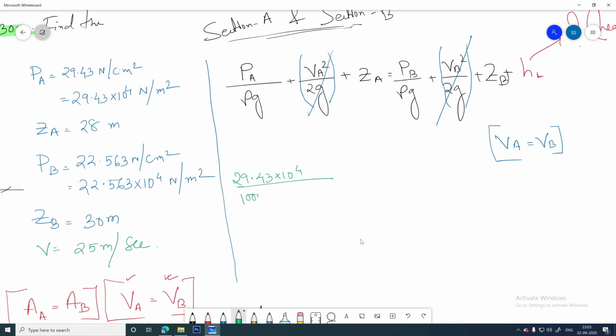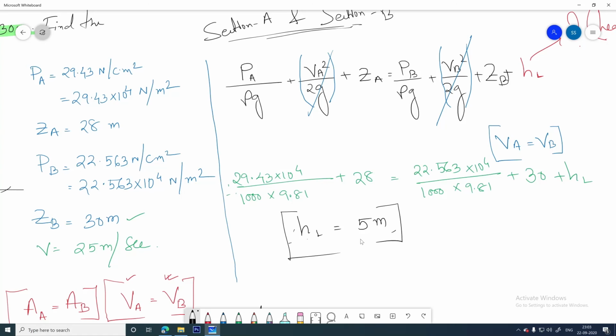Rho is 1000, G is 9.81 plus ZA. Now what is the value of ZA? Z is 28 meter, equals PB, that is 22.563 into 10 to the power 4 by rho G. Rho is 1000 into 9.81 plus ZB. ZB is 30, that is 30 plus HL. Now from this equation, if you solve and determine the value of HL, it will be 5 meter.